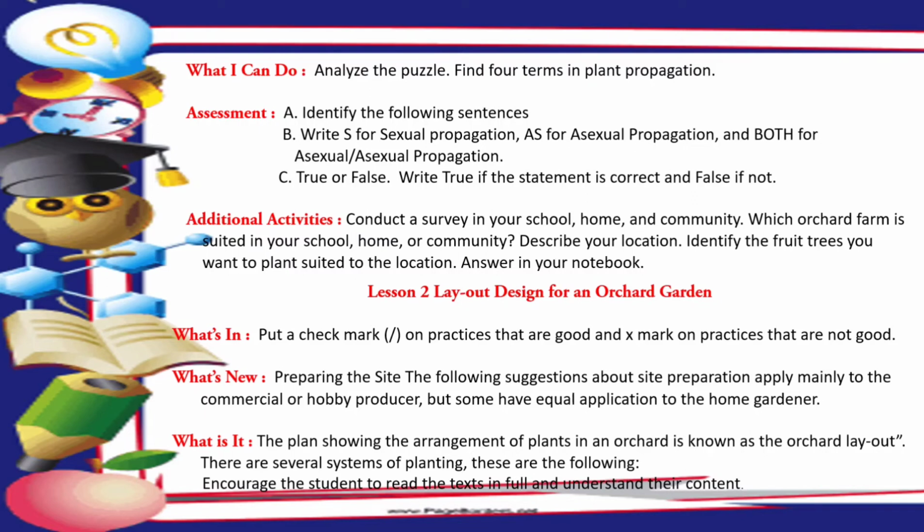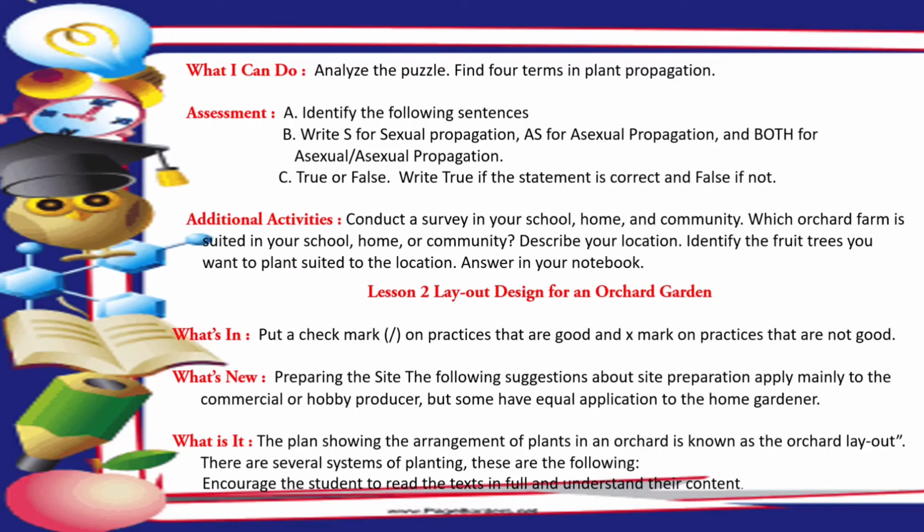What's in? Put a check mark on practices that are good and an X mark on practices that are not good. What's new? Preparing the site. The following suggestions about site preparation apply mainly to the commercial or hobby producer, but some have equal application to the home gardener.